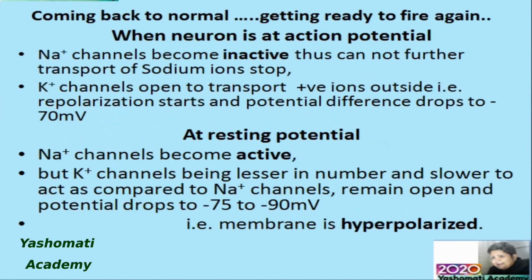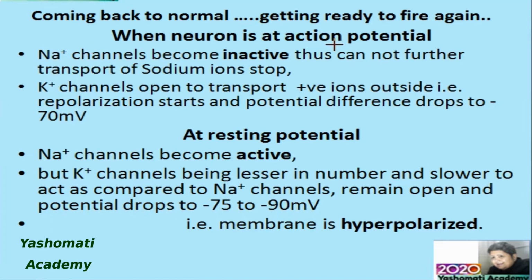Now this is how the neuron fires and comes back to its normal state so that it can be refired again. When the neuron is at action potential, what is the state of the sodium channel and potassium channel?